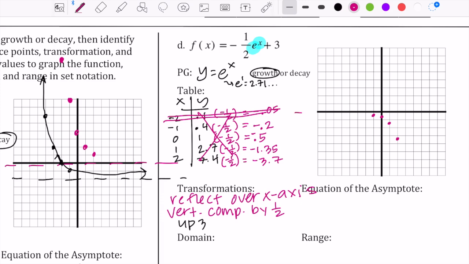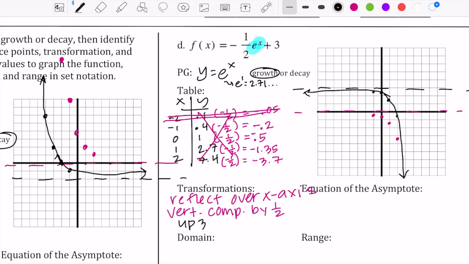And then again, our asymptote starts at 0 for all these graphs, but now we're going to move all these points up 3. So 1, 2, 3, 1, 2, 3, 1, 2, 3, 1, 2, 3. And when we do that, the asymptote moves up, so then we get all the way down.